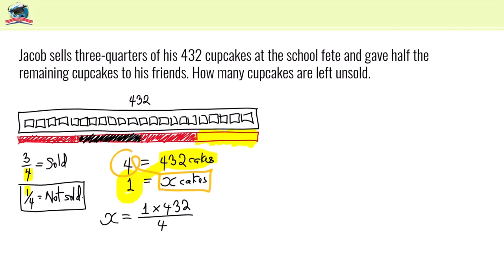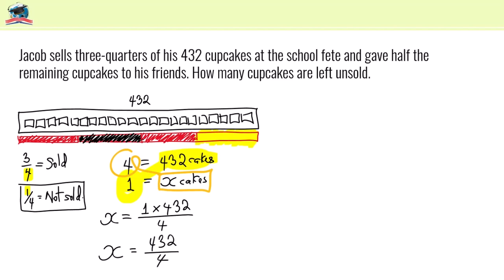We know that 1 times 432 will give us 432. So we don't need to bother about that. But we can still go step by step. So we can say x is equal to 1 times 432, which is 432, divided by 4.